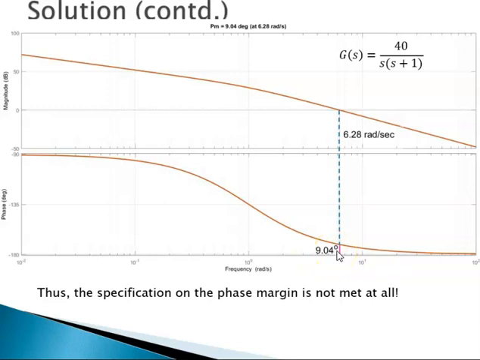So this phase margin specification is not met at all. What we want and what we got here didn't match at all. So we need to try to design a compensator.